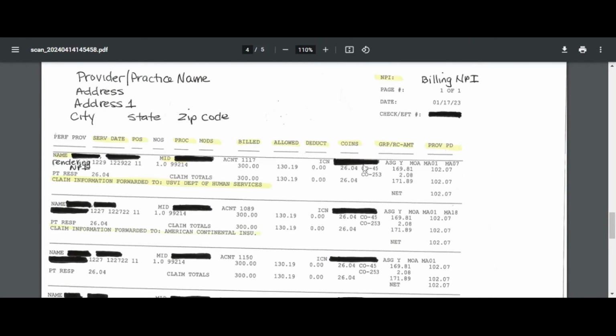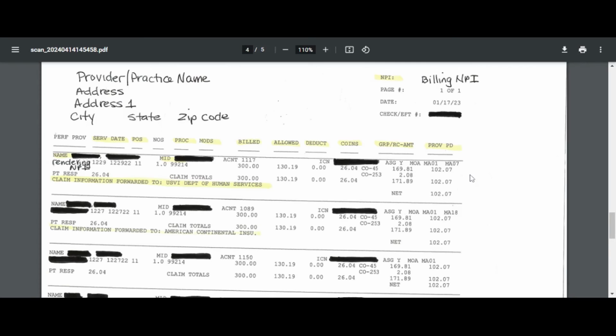And then if you notice here, you see some more codes. This is contractual obligation, and you will see what that means when we go further down. The 169.81 is the difference between the 300 and the 130.19.